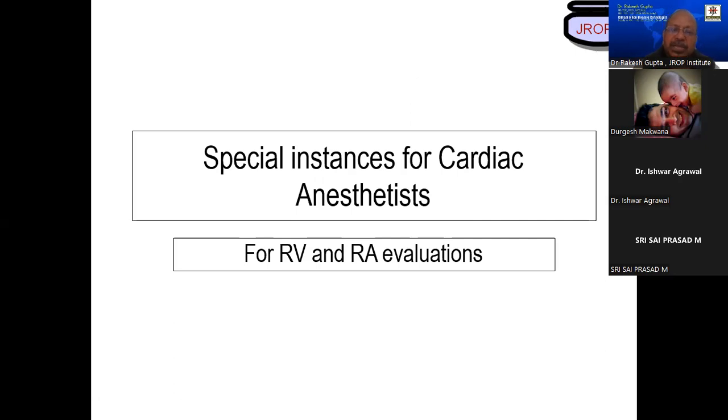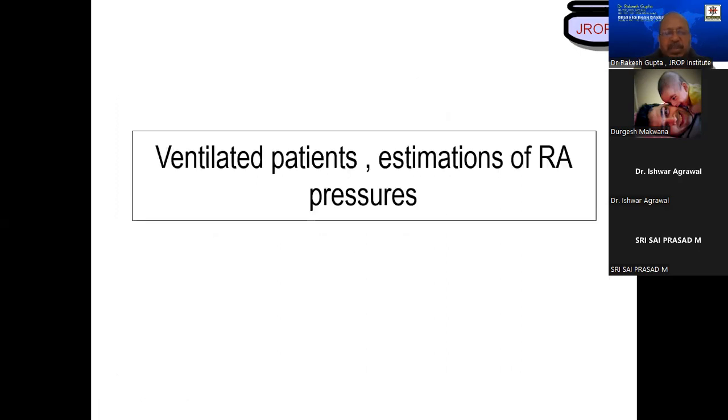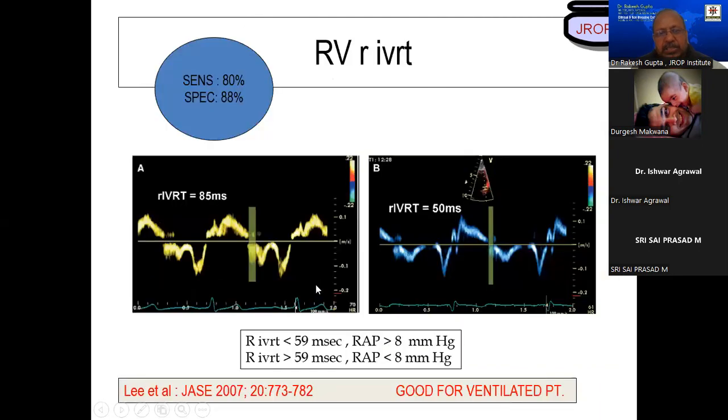A few words about anesthetics, ventilated patients, estimation of RA pressures, estimation of RA appendage by transesophageal echo, and we can demonstrate right atrial appendage by transthoracic echo also, and bicaval view for RA, IVC and SVC also. How do you estimate RA pressures in ventilated subjects? We always use tissue Doppler, RV free wall TDI, and tricuspid flow to assess ventilated subject RA pressures.